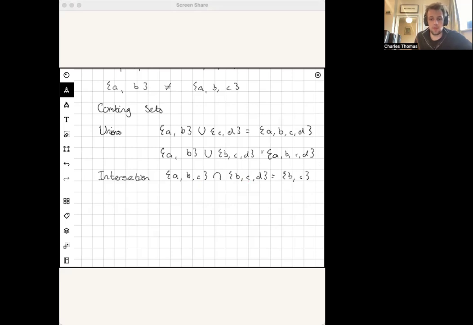So now we've talked about the two ways we combine sets, we can talk about subsets. A subset is when one set is contained within another. For example, 1, 2, 3 is a subset of 1, 2, 3, 4, because everything on the left hand side is on the right hand side, so we use this symbol to represent it.